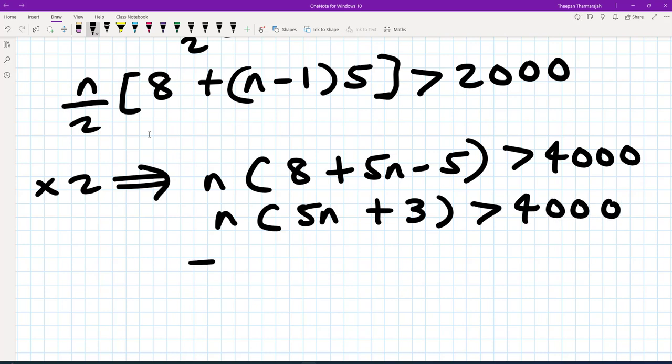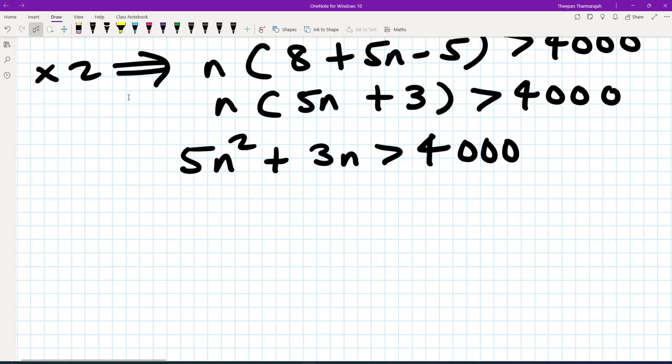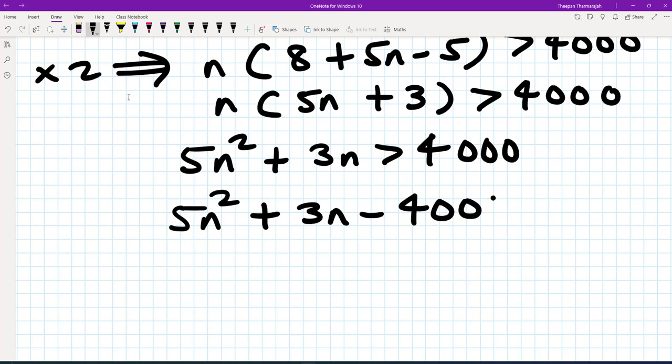So expanding the brackets gives me 5n squared plus 3n is strictly greater than 4000. So we're going to solve a quadratic here. So we're going to say 5n squared plus 3n minus 4,000 is strictly greater than 0.